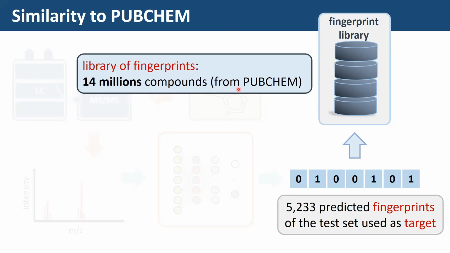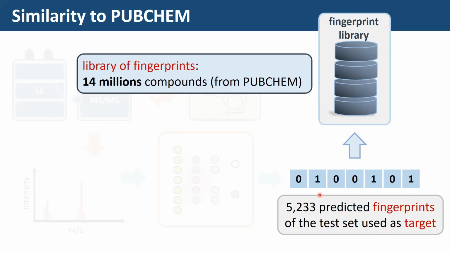We didn't use the whole PubChem database, just to simplify the computational approach a bit. So we wanted to have an initial insight into the accuracy of prediction and the ability of matching the correct chemical when we compare the predicted fingerprint with respect to a huge database.